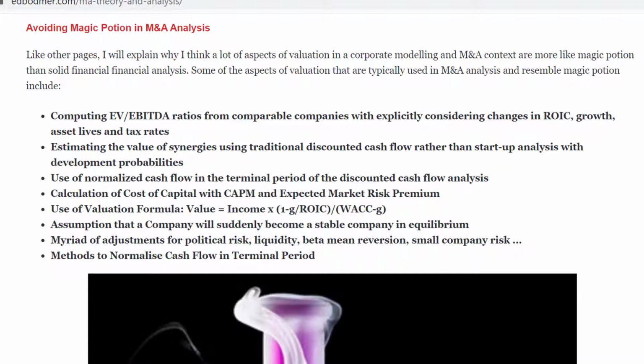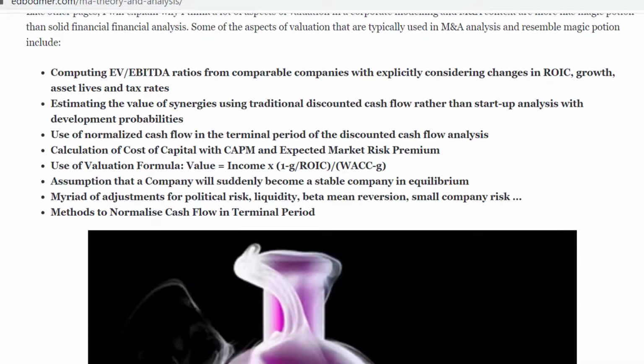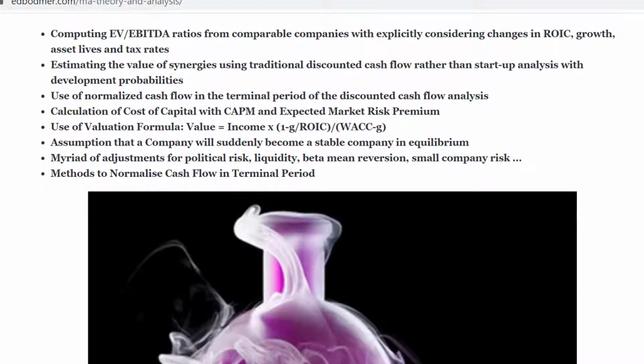Applying all of these is believing in the magic potion. If you believe that a company, when you go from the explicit period to the terminal period, will magically all of a sudden at one single time become in this wonderful equilibrium state, it's just magic potion.